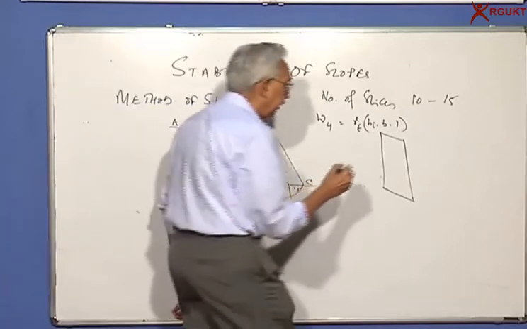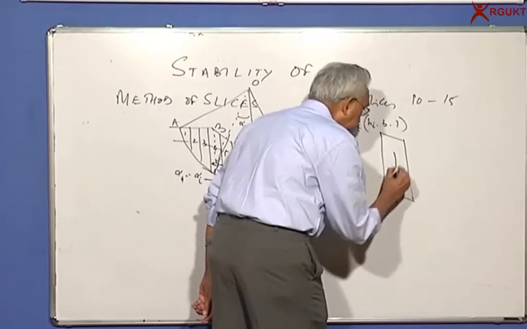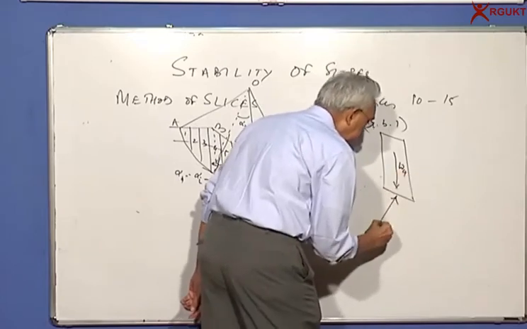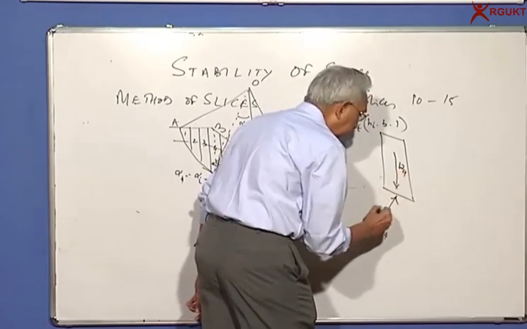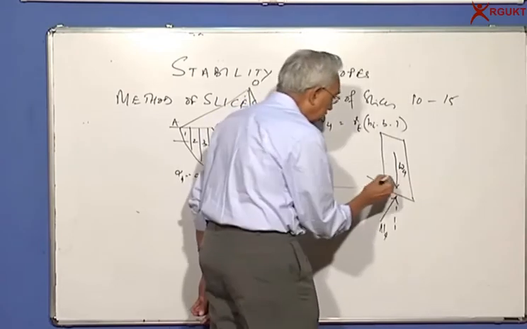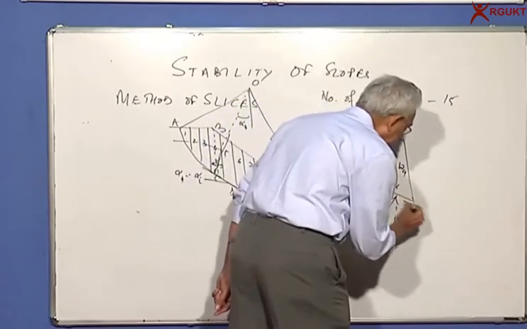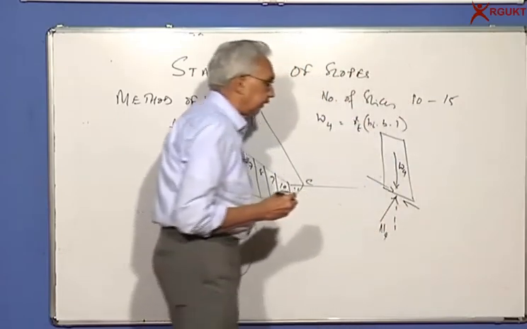And if I now look at the equilibrium of forces, this is W4, this will be the normal force, and the tangential component is the one that is trying to cause sliding, and we need to find out the shear resistance.